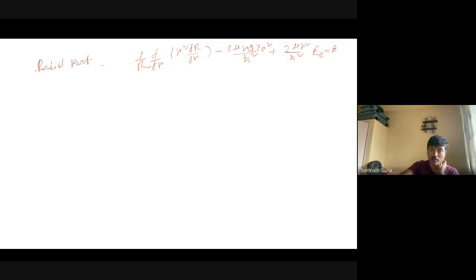Now we have two parts of the angular part. One is the theta part.